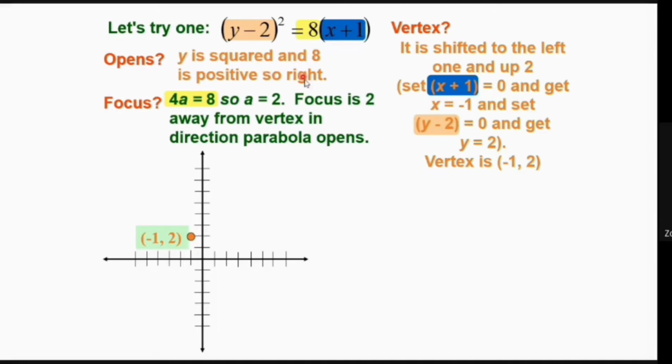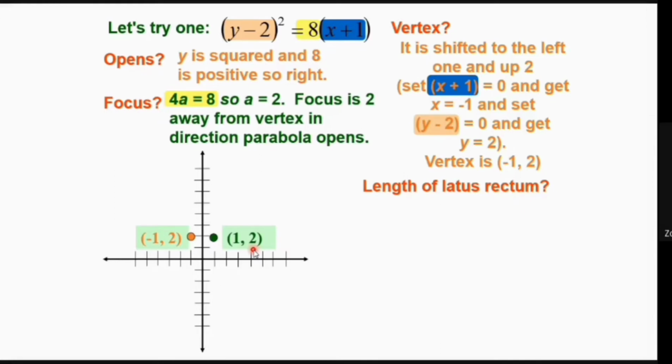Since alam natin yung opening ng parabola na to is to the right, meaning yung focus is at the right of the vertex. Kung ito yung vertex, magka-count tayo ng 2 units to the right. 1, 2. So nandyan po yung focus at ang kanyang coordinates ay 1 and 2. Okay?